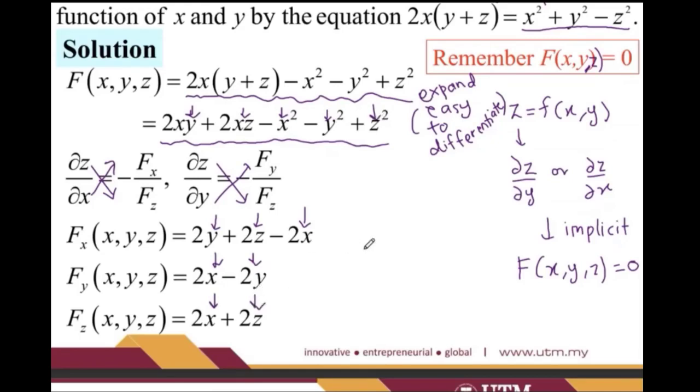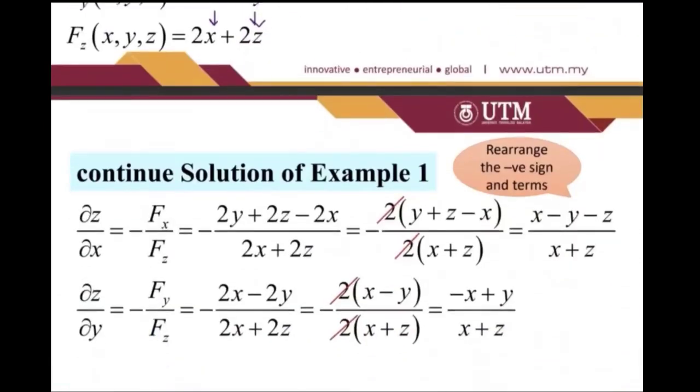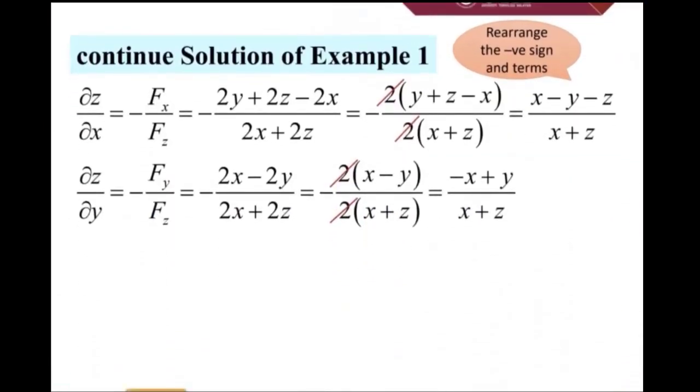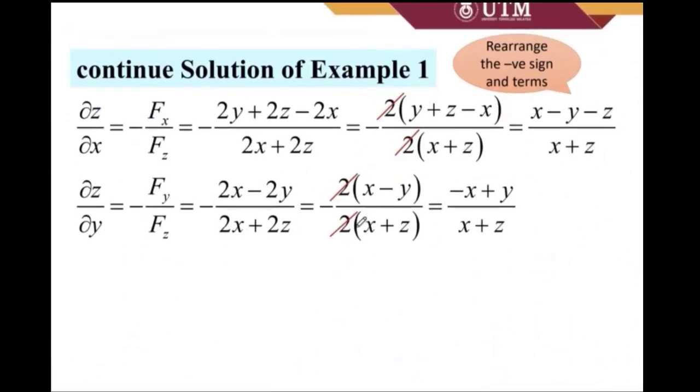Then what you have to do is substitute into the formula. So del z del x equals negative Fx divided by Fz. You substitute here: 2y plus 2z minus 2x. Don't forget negative. Divided by 2x plus 2z. If you see that the equation can be simplified, you just simplify. What I did is I factorized 2 here.